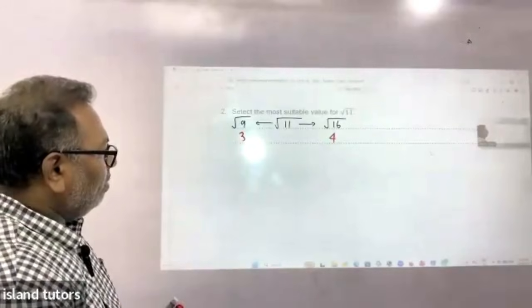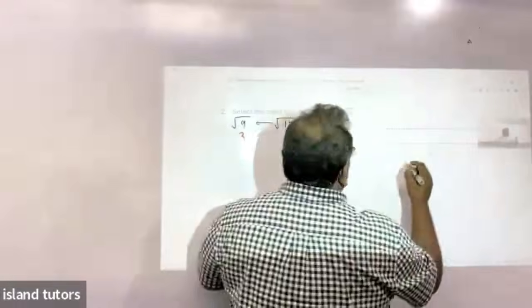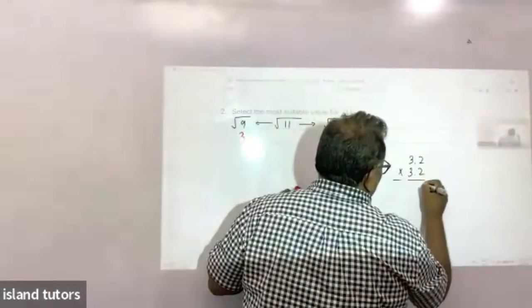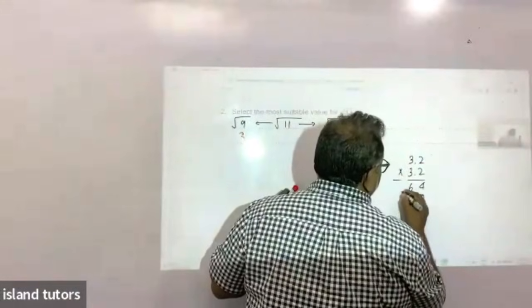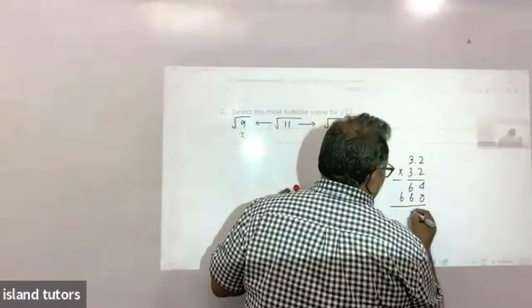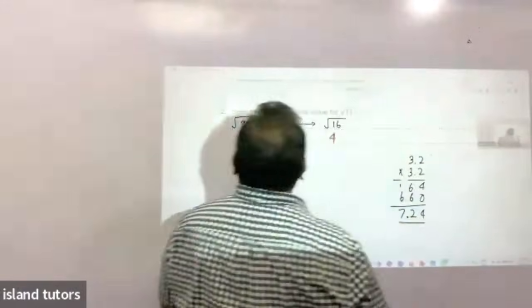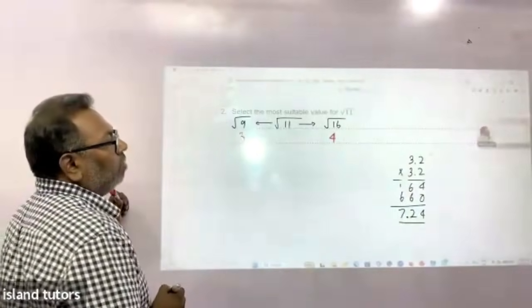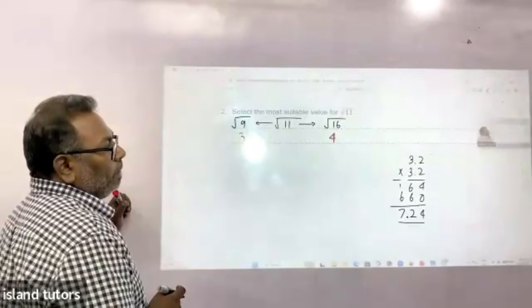So I will try something like 3.2. 3.2 into 3.2 is 10.24.